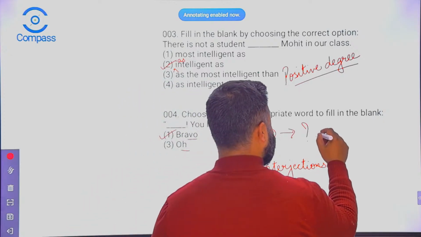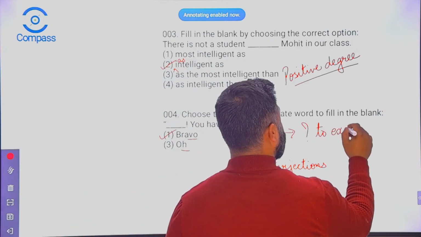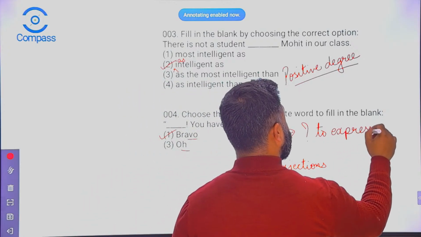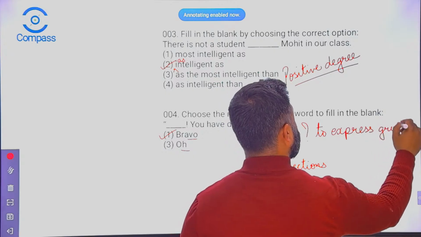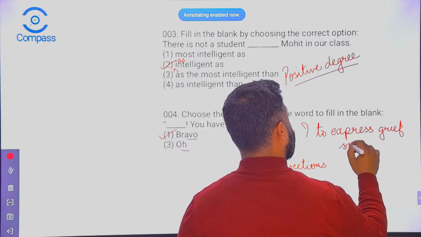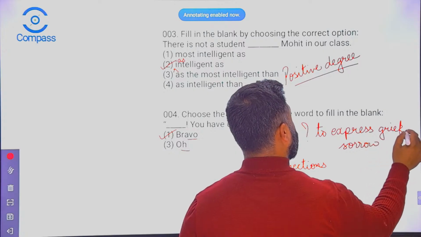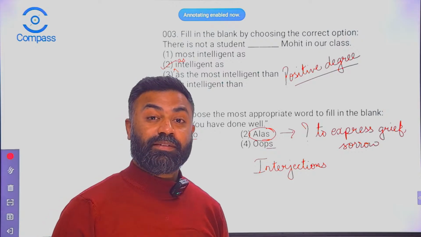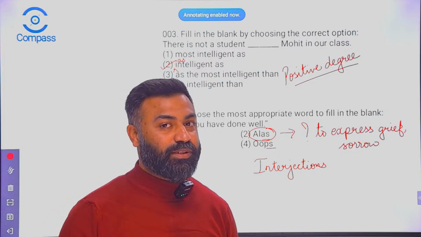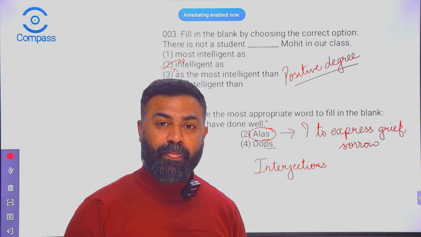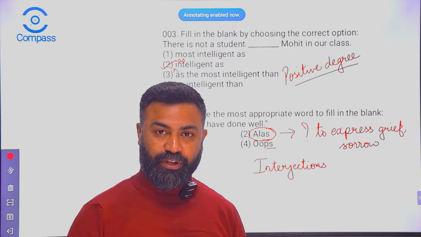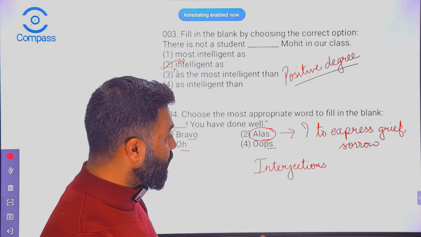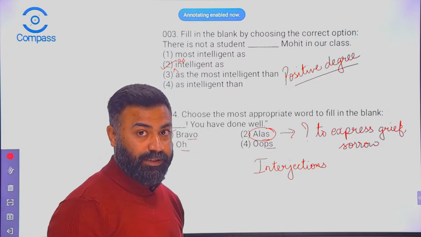Okay, to express grief, or let's say sorrow, at somebody's demise, somebody has passed away. At somebody's death, what do we express? Grief, sorrow. So that's the right word to express alas.